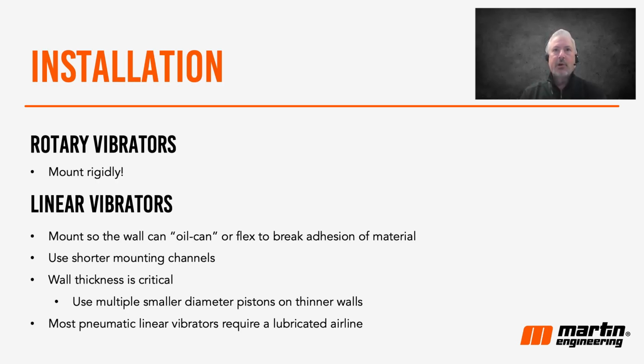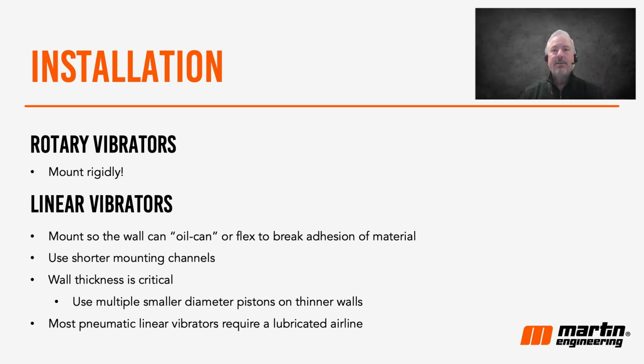The installation's critical here. It's critical for moving material in the most efficient manner, as well as protecting the vessel or the structure that we're mounted to, particularly for rotary vibrators, because we talked about how the linear vibrators, we actually want some wall flex, oil canning, if you will. In the rotary vibrators, we want them absolutely as rigid as possible. We do not want flexing of the wall with rotary vibrators, particularly electrics.